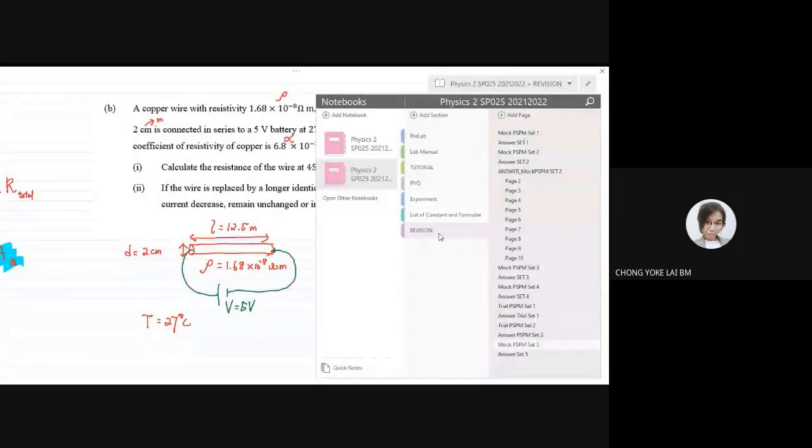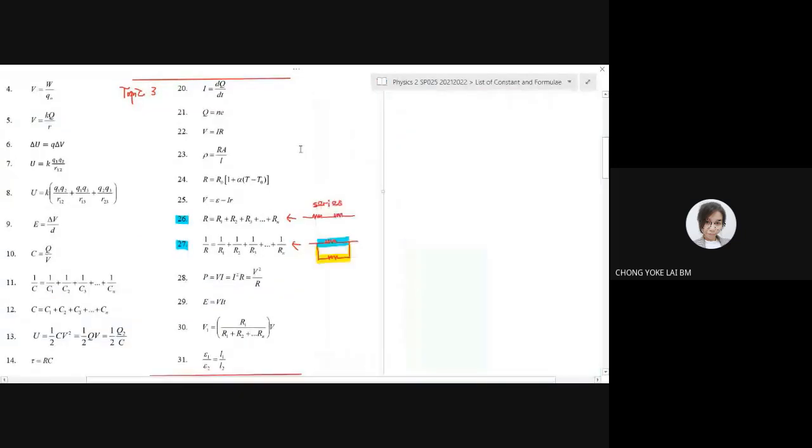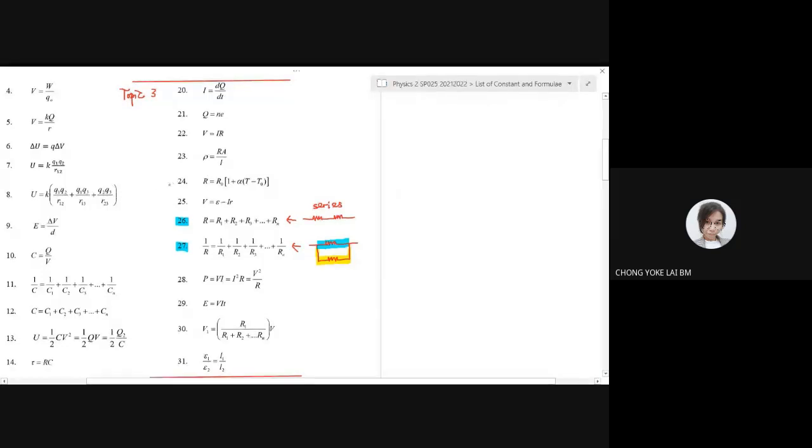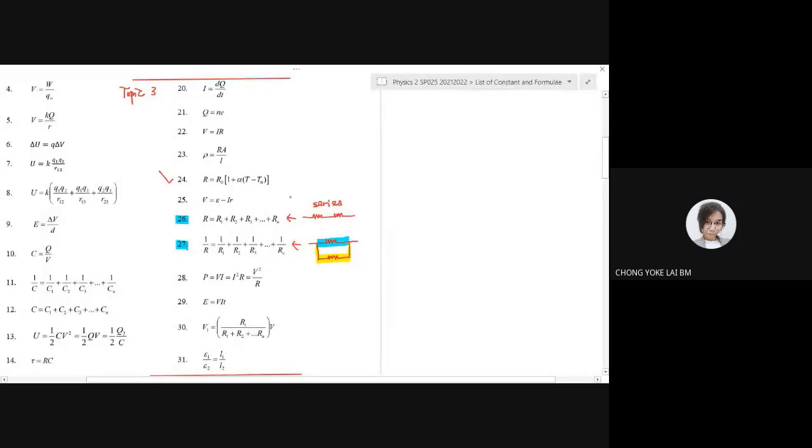Jadi, saya nak cari final resistance when I increase the temperature. So, kalau kita refer kepada konsep dan equation yang ada, kita boleh relate the final resistance at final temperature using equation 24. Equation 24 is the equation for the variation of resistance with temperature.